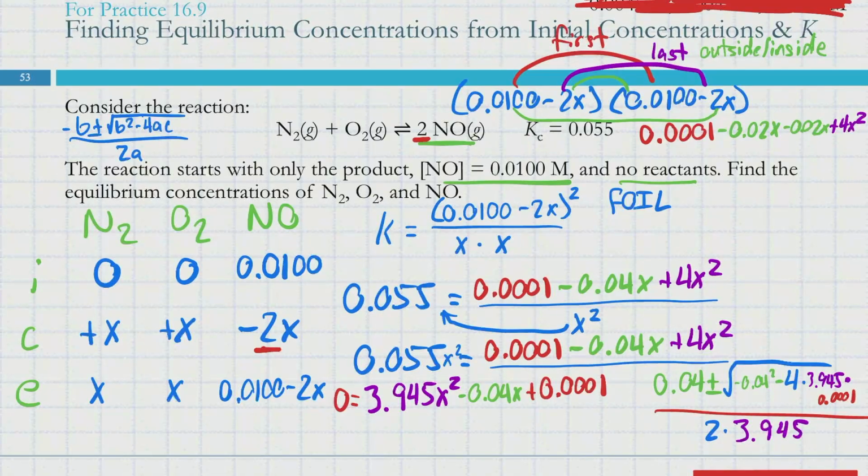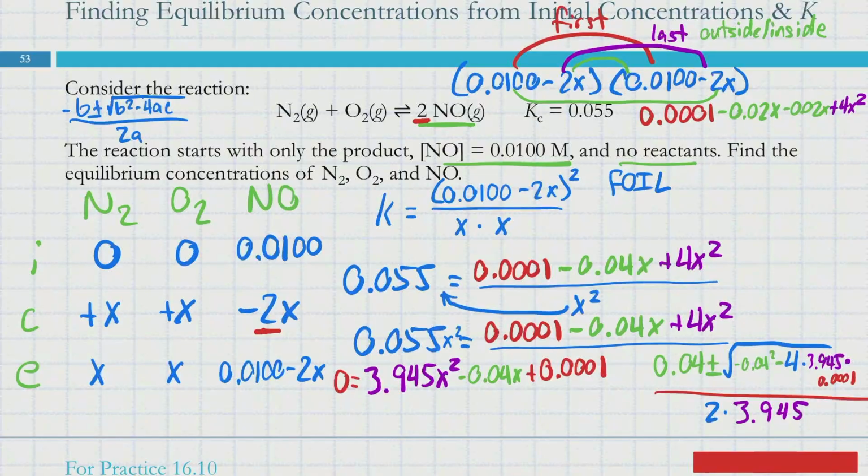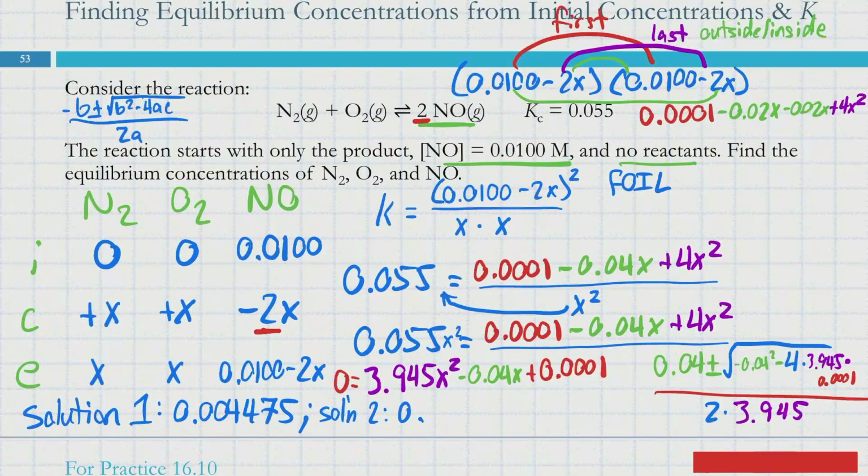So our two solutions: one of our solutions is 0.004475. Our other solution, 0.00566.